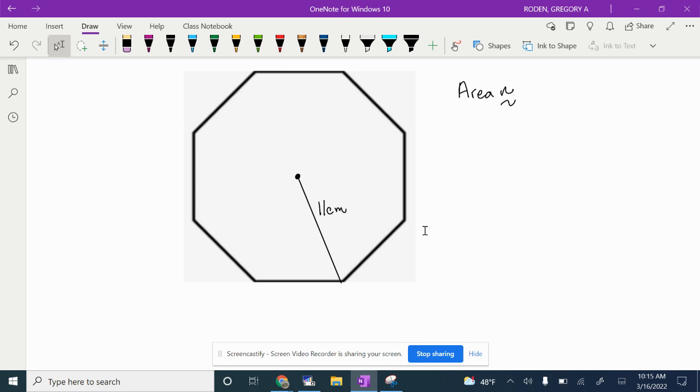You're going to probably need multiple trigonometry ratios for this problem. You guys understand these are regular polygons though? They have to be regular to do these formulas. Okay, you can't have just a stop sign that's been squished or something, right?